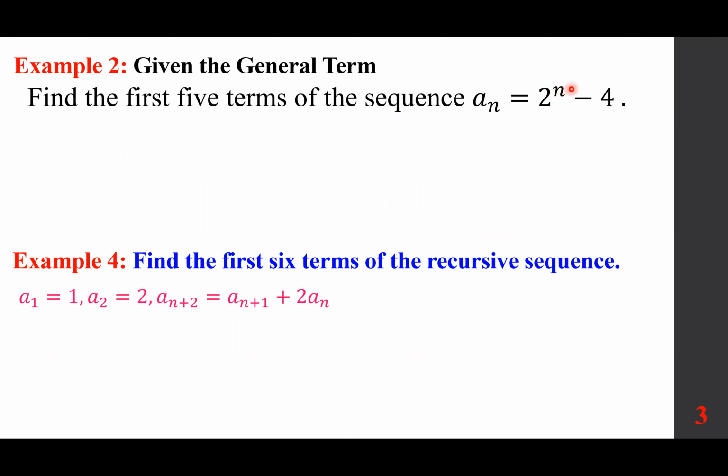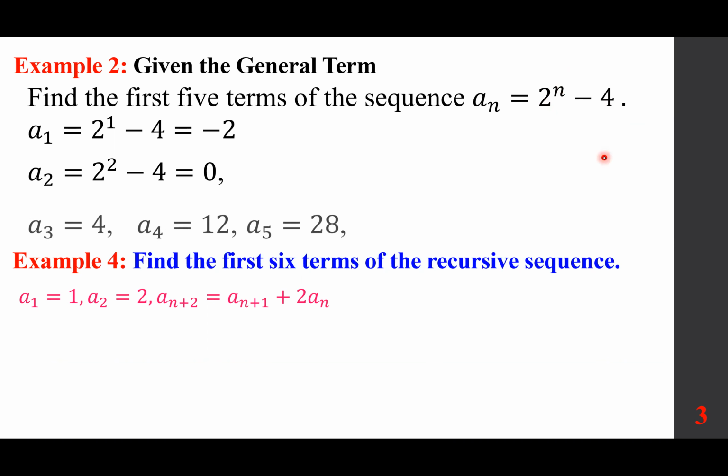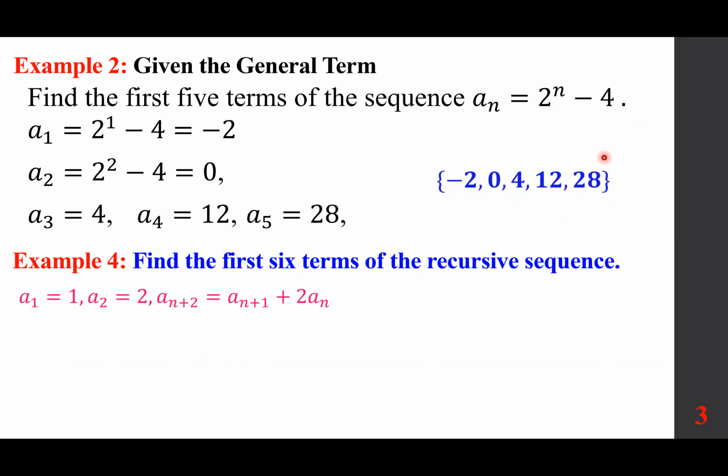Replace it with 2: 2 squared, 4, minus 4 is 0, and so on. So as long as you can show 2, you can show the rest of them. The third one, 2 cubed, 8 minus 4 is 4, and then you can write it down. Again, all you have to do is show 2 of them with details, everybody, with details.